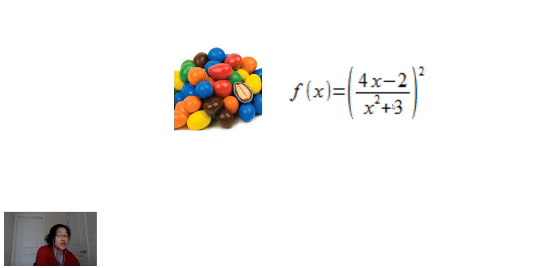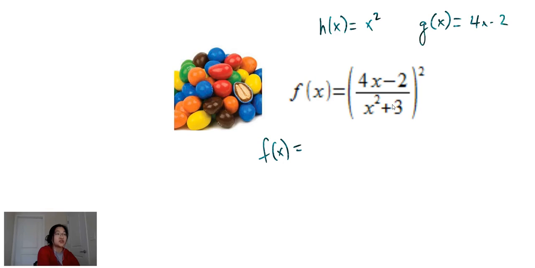So for this, what's the inside function? If we're going to say that f of x is a composition of functions, where h of x is x squared and g of x is 4x minus 2 over x squared plus 3, which of these is the inside function?